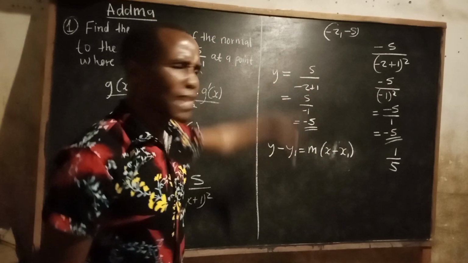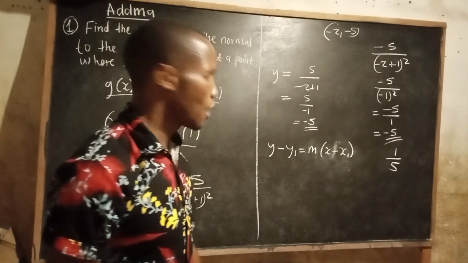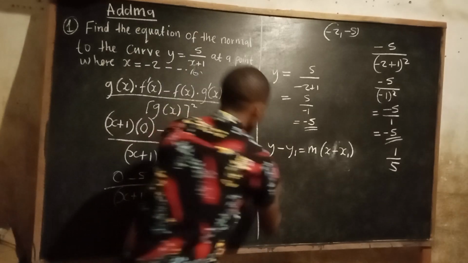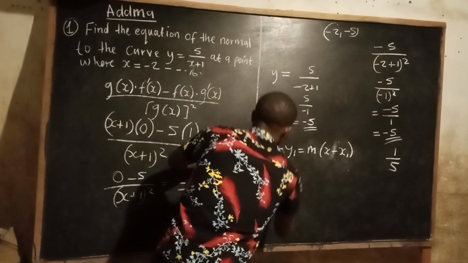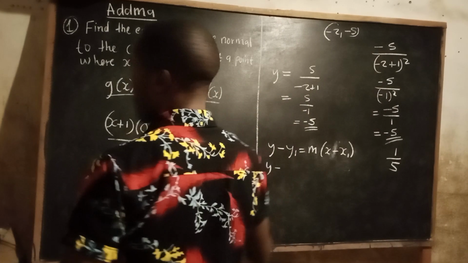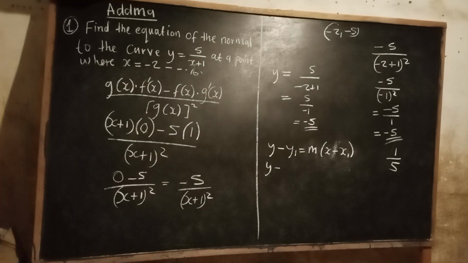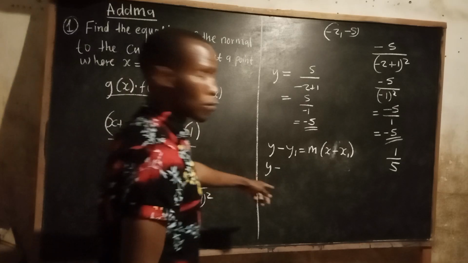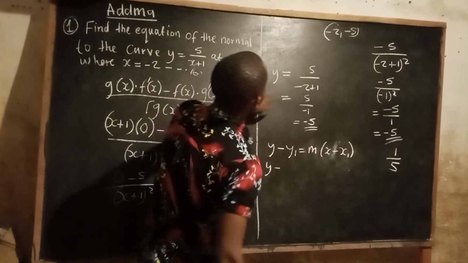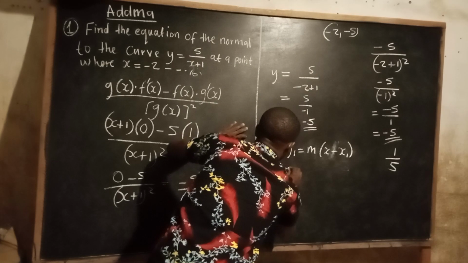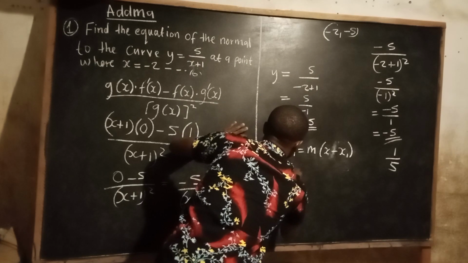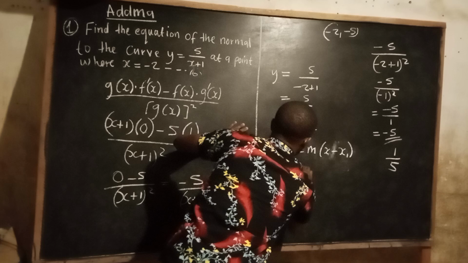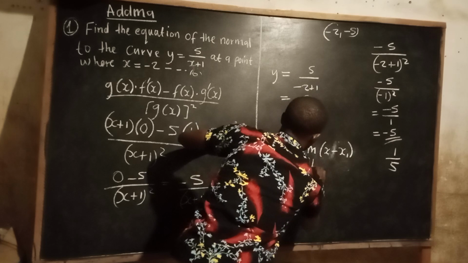Then from there, we substitute accordingly. So y minus y1. Our y1 is negative 5. Then equals, our gradient is 1 over 5.